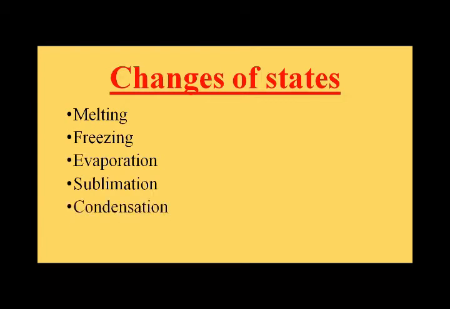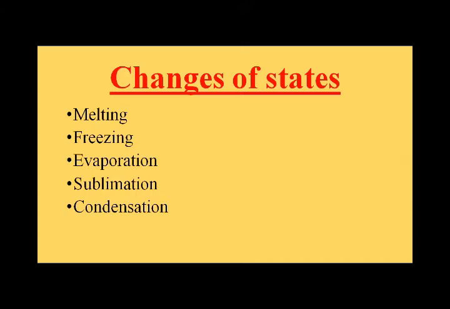It is also a change of state. A gas changes into a liquid if it is cooled. For example, put some ice cubes into a glass of water and keep this glass at room temperature. You observe tiny droplets on the outside surface of the glass.